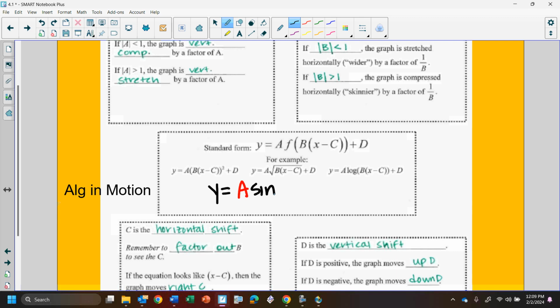B and C, both of them do. Just like B and C went inside a square root or a log, B and C are going to go inside the sine. Remember, we usually factor out B to see RC. So I'm going to have B factored out so that we can see RC. And who's the one that gets added or subtracted at the end? D.